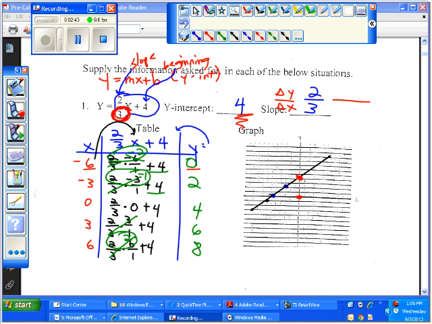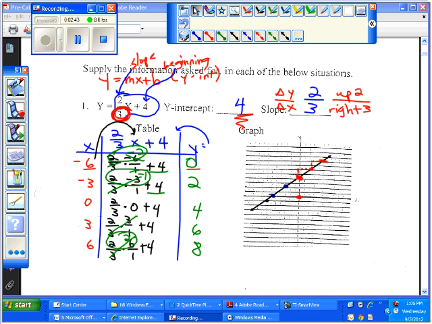And when y is positive, you go up, so that means up 2. And when x is positive, you go right, and so that's right 3, so up 2, right 3. So from the y-intercept, we could have gone up 2, right 3, made a dot, up 2, right 3, made a dot, and we could have graphed the line using the slope and y-intercept rather than using the points that we got from the table.